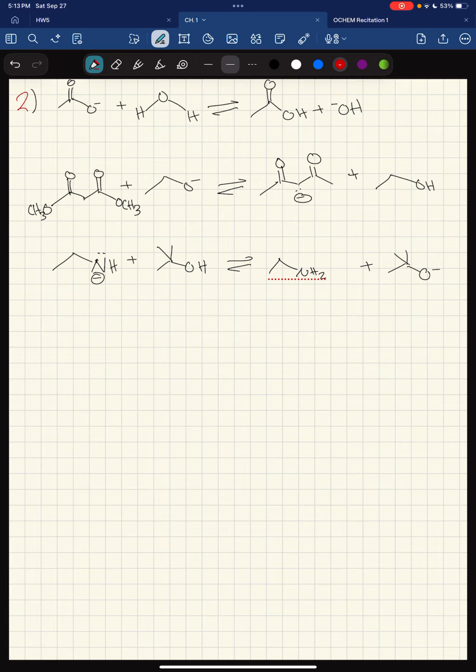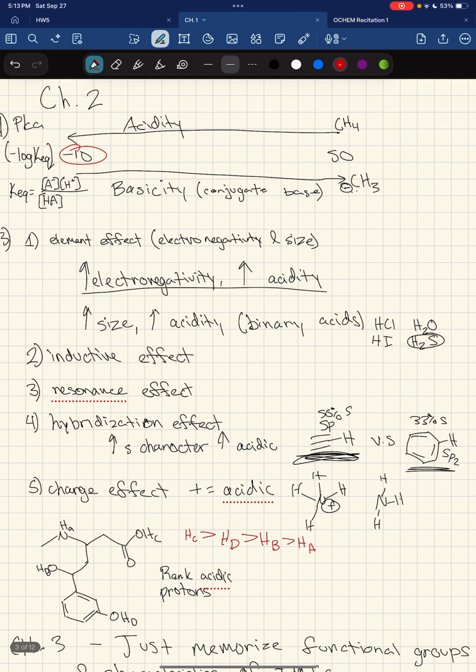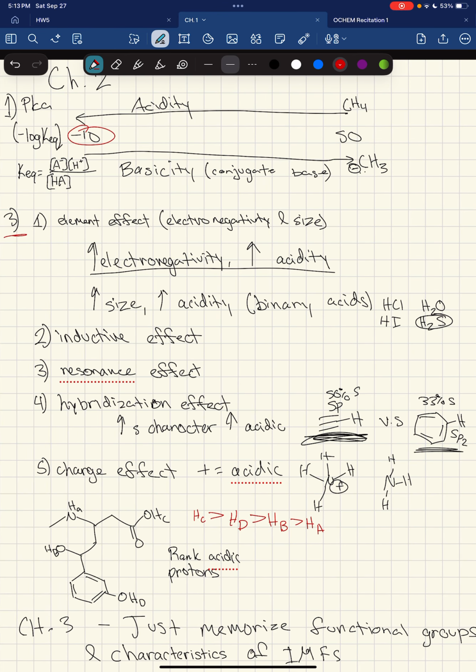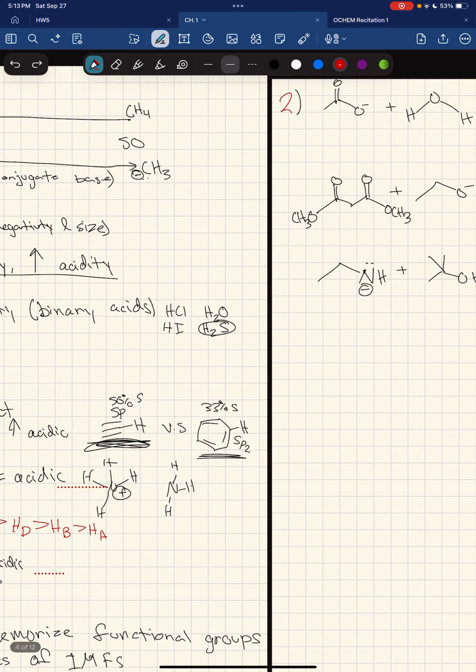Identify and label acid, base, conjugate acid, conjugate base. I did this one after I did 3 and 1 because pKa is going to have a big impact on this type of question, and all of these effects on the acidity will also help a lot for this type of question.